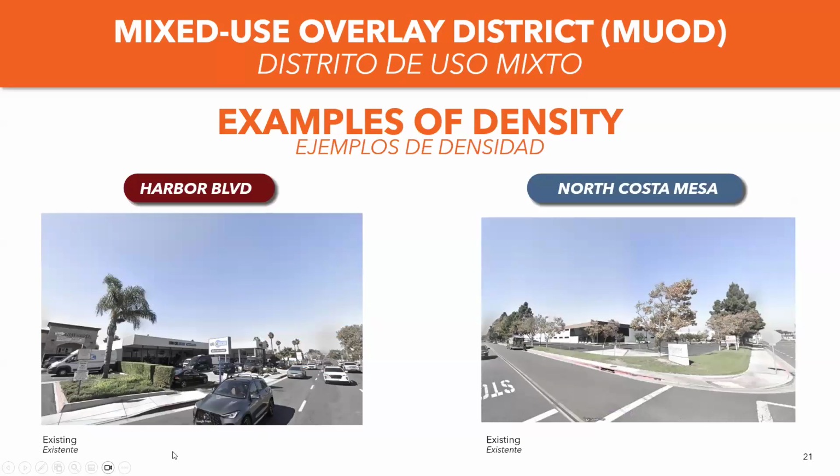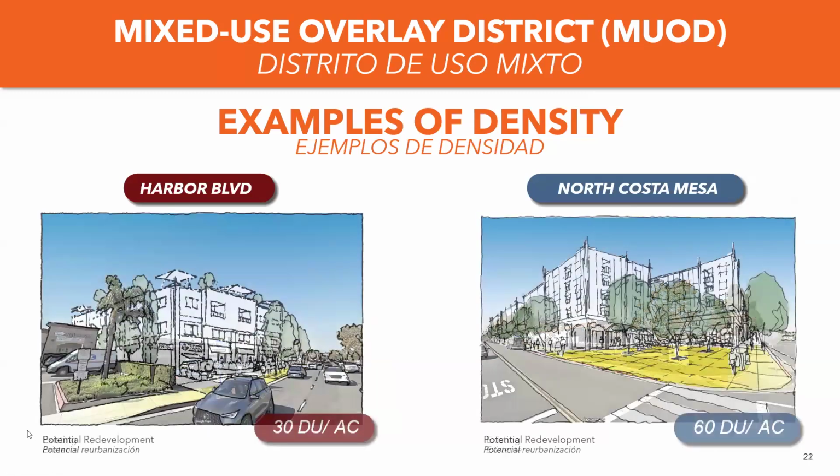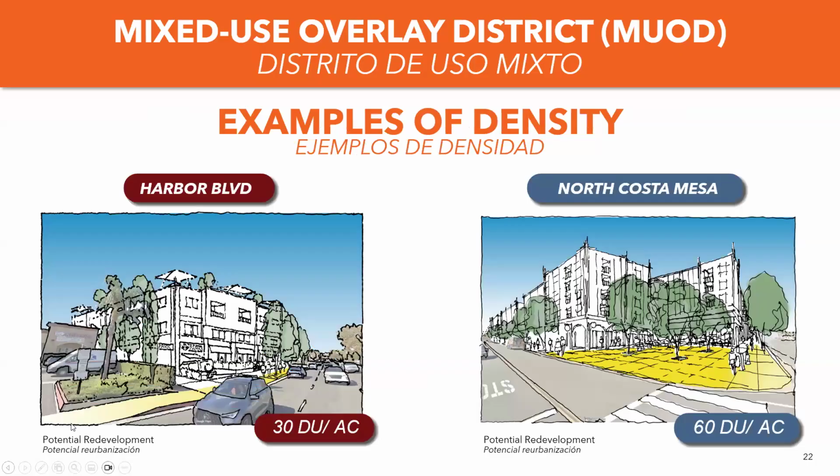Despite the maximum densities and maximum building heights, the ultimate look and feel of the projects will depend on a variety of factors like the size and shape of the lot, the building type, or even the location in the city. So we've provided a couple sketches to help you visualize what that could look like. On the left, for example, along Harbor, an existing strip mall with strip retail uses could give way to, let's say, a 3-story building with a ground floor restaurant maybe, and then lofts above.